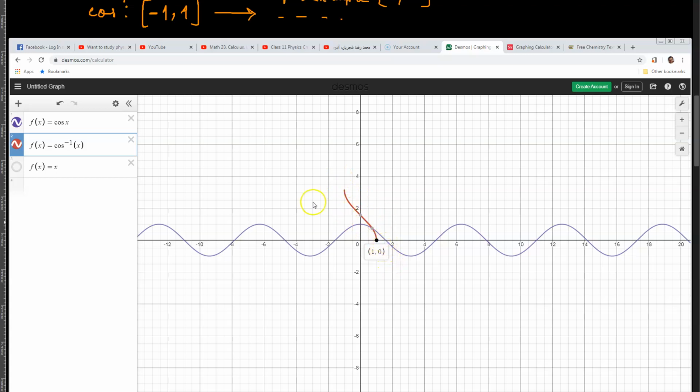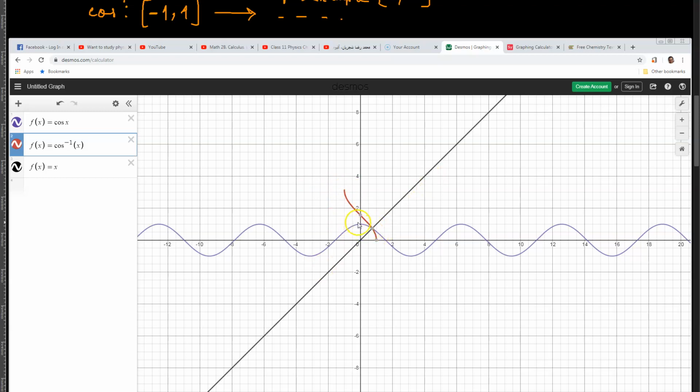And if I draw this line over here, you can see that if you think about this part of the function, it's symmetric about this line.